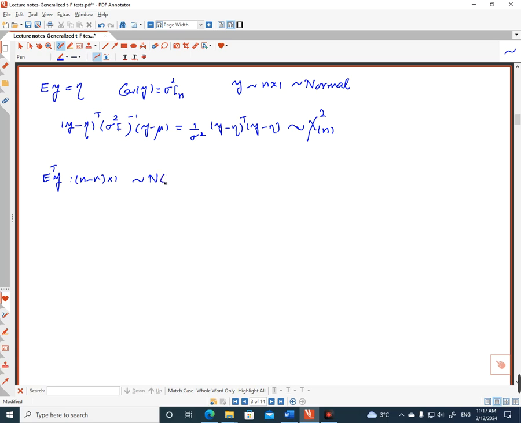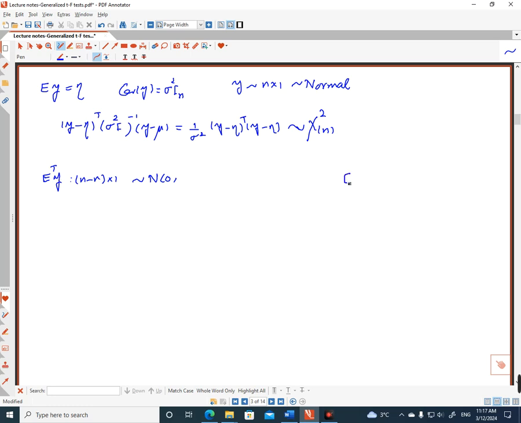So it has a normal distribution with 0 mean. The mean is 0 because the expected value of y is equal to X beta, and X is in V_R, E is in V_E, and those are mutually orthogonal. So E prime X beta is equal to 0.